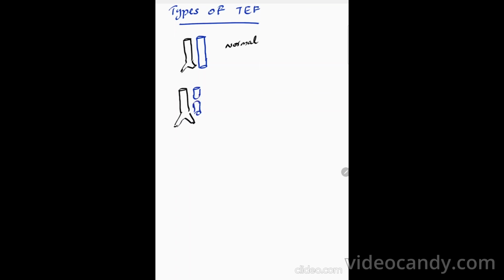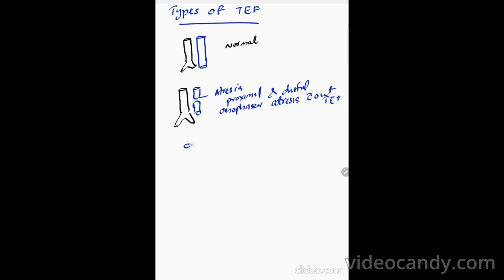Here the esophagus does not communicate with each other, and this condition is called atresia. So how will you define this condition? That is proximal and distal esophageal atresia without tracheoesophageal fistula.